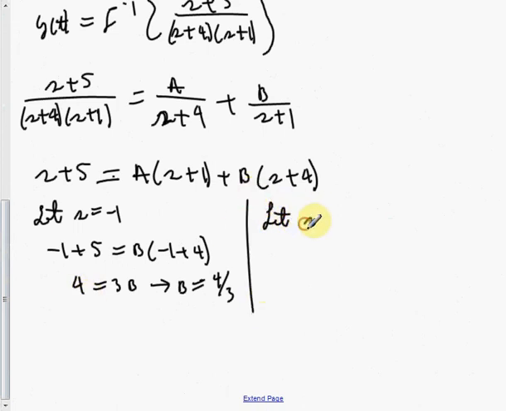Then let S equal to -4 to cancel out that B. So I get -4 plus 5 is equal to A times -4 plus 1. So we get 1 is equal to -3A.